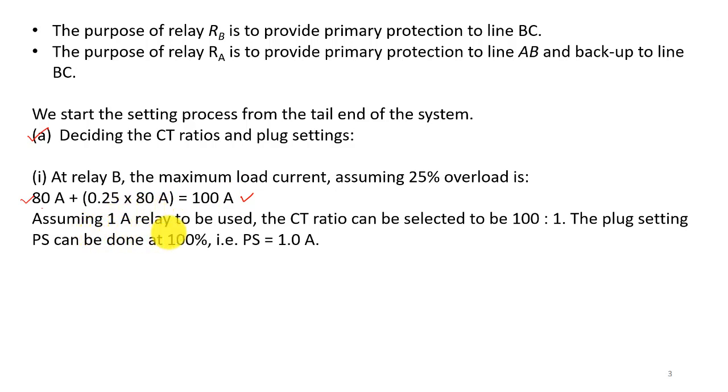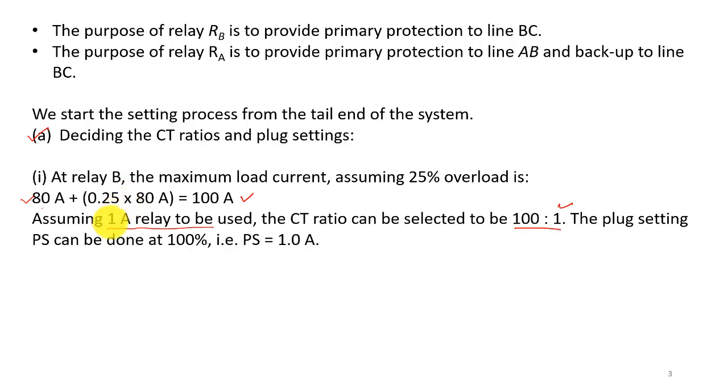Assuming a 1 ampere relay is used, we choose 1 ampere on the CT secondary side, and with a maximum load current of 100 ampere, the CT ratio is 100:1.